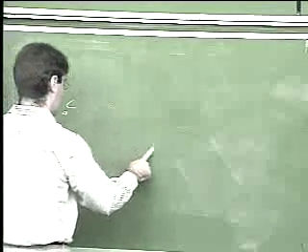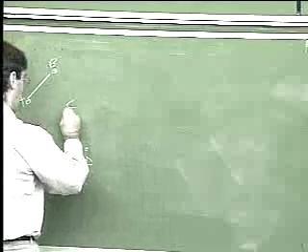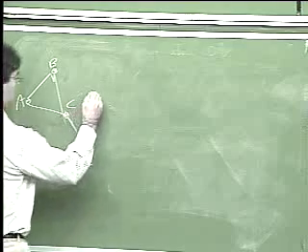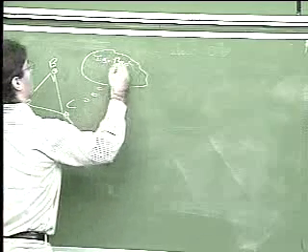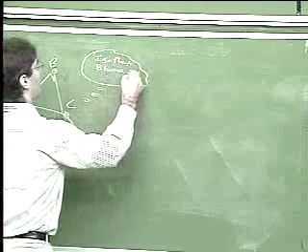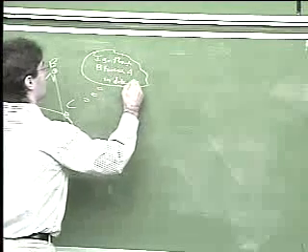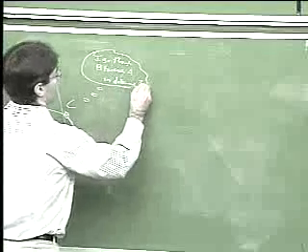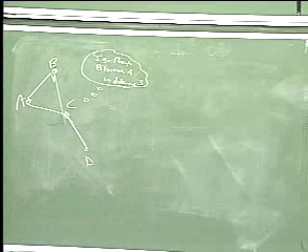Right, here's the graph: A, B, C, E. And currently, C knows if I go through B, I can reach A in distance 2, and in distance 3, right?